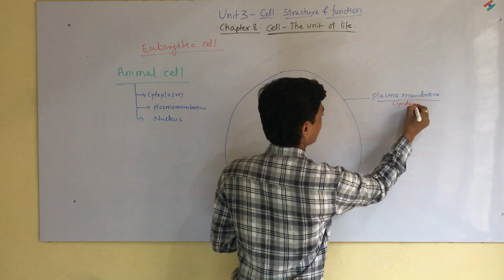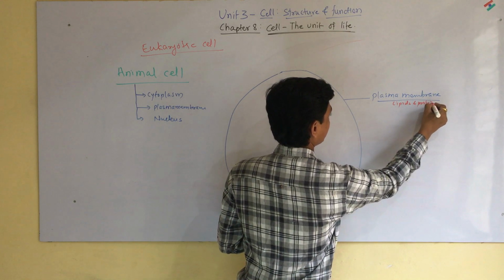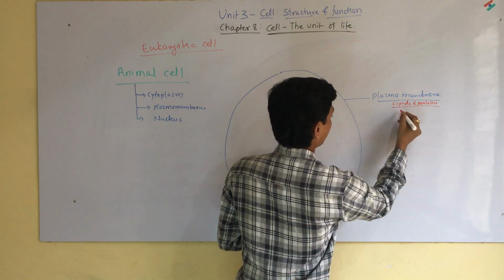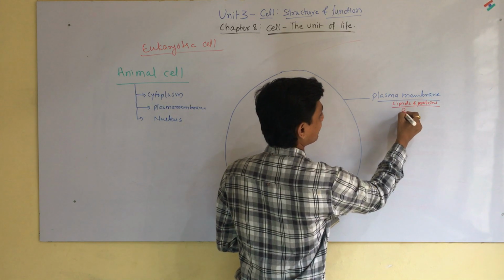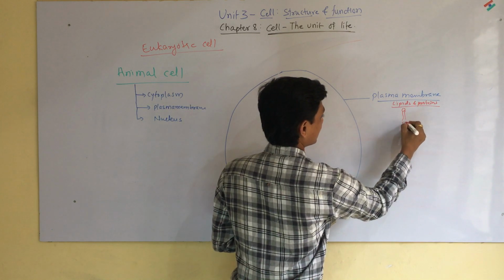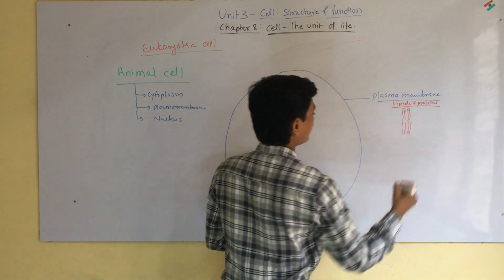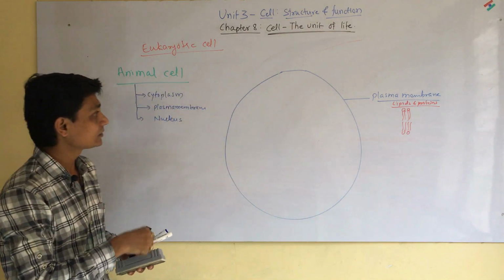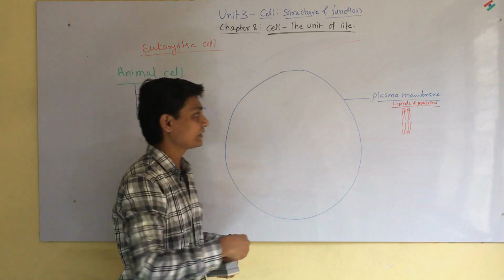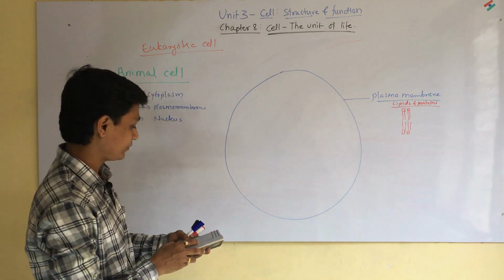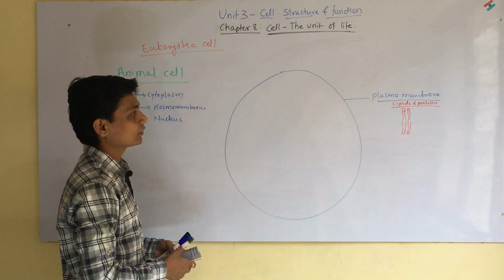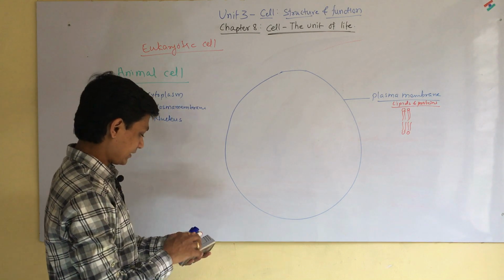Lipids and proteins, and the lipid is a bilayer of phospholipids. The structure is like this. As we discuss all these things, we are going to discuss in the next videos as we go further for the plasma membrane.